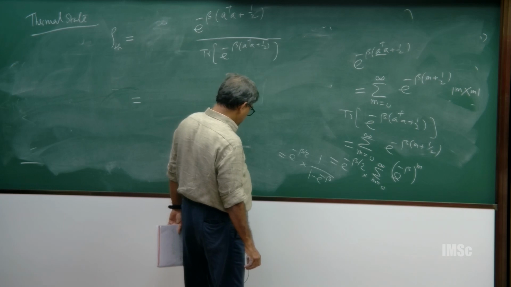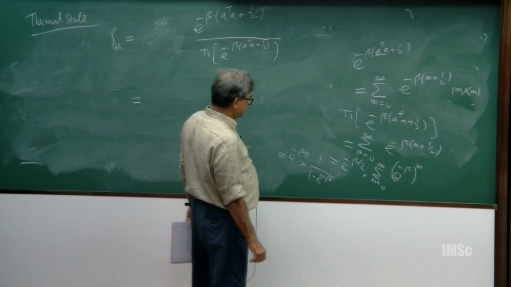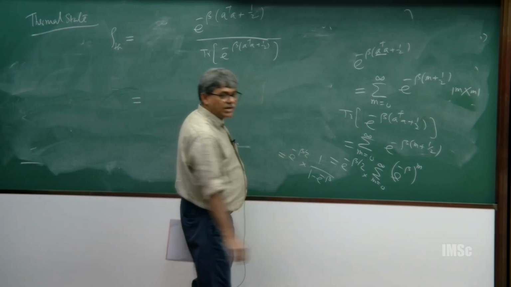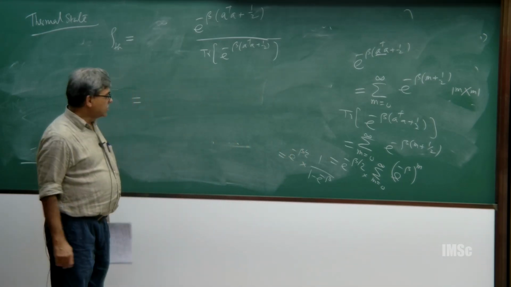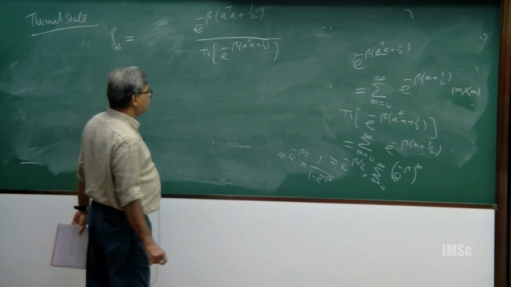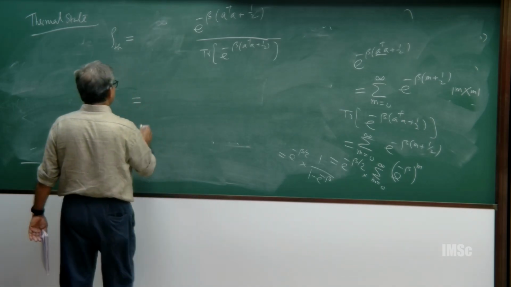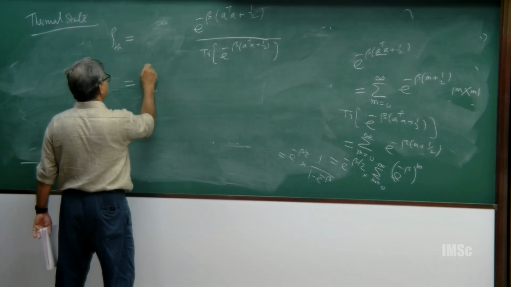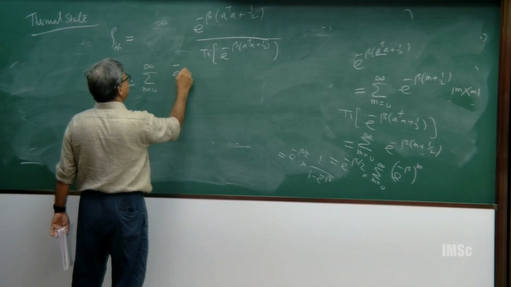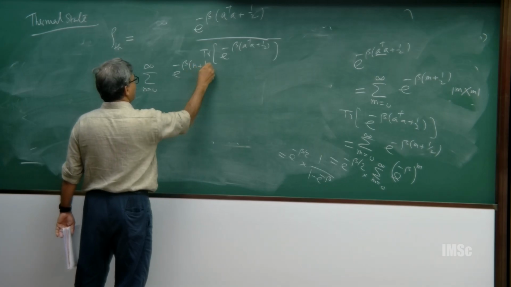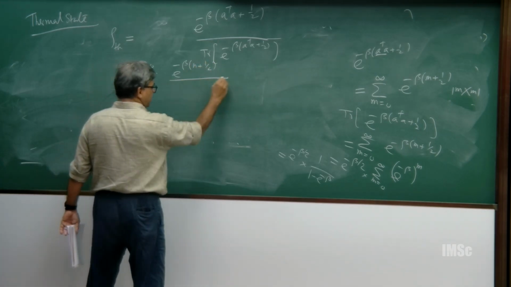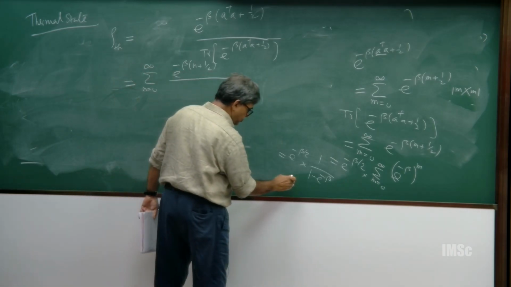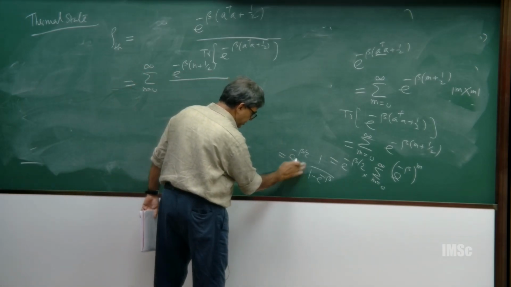Okay. So, yeah, this is fine, right. Okay, good. Therefore, this will be sum over n equal to 0 to infinity of e to the power minus beta n plus half divided by, now I should be careful, maybe what I should do is take it on this side.